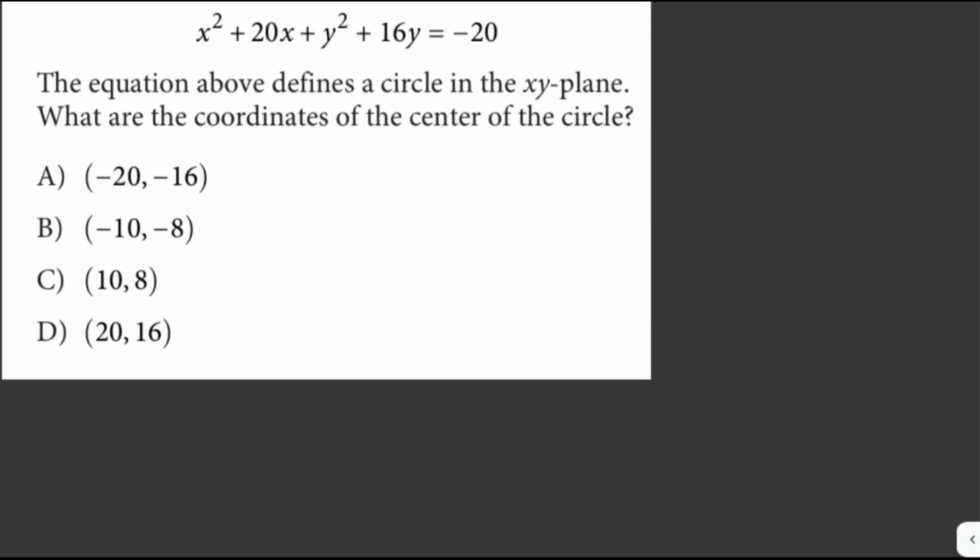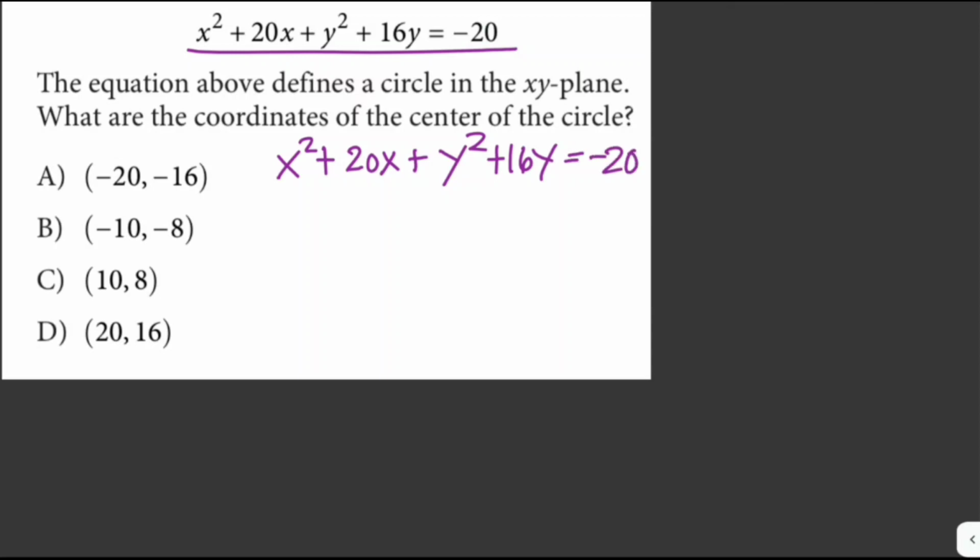The equation above defines a circle in the xy plane. What are the coordinates of the center of the circle? Okay, we're given here this equation, x squared plus 20x plus y squared plus 16y equals negative 20.